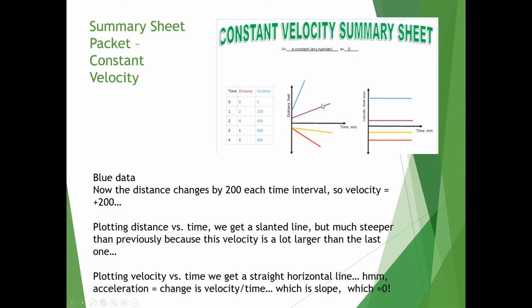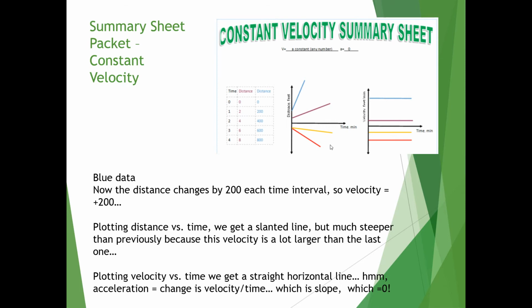Remember, your slope, change in y over change in x, is 2 over 1. And so we end up with a velocity of 2 over 1. And for this blue line, which is much steeper, we get 200 over 1. And that's why we get this velocity up here. So this data is all related. And you can obtain the information about the other graphs just by looking at one.